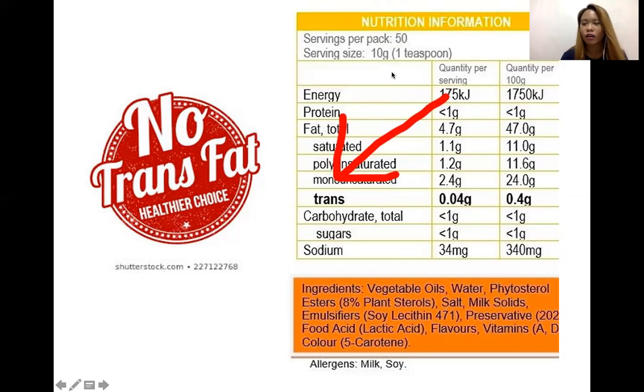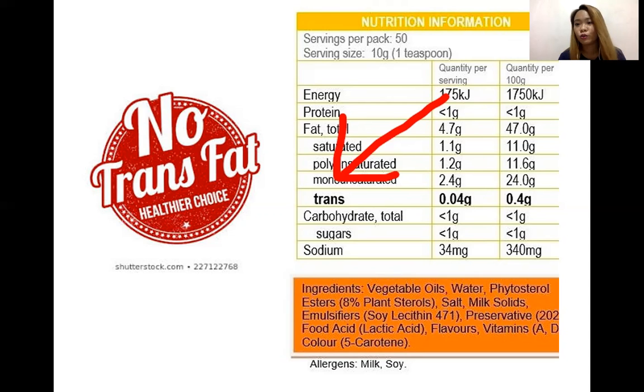You can see on the food label at the back of whatever food product you have how much fat it contains. So it will show here that there's saturated fatty acid, there's polyunsaturated, there's monounsaturated, and how many are trans and how many are cis.